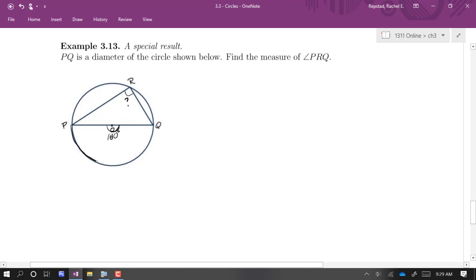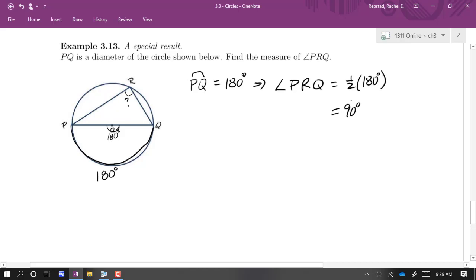So this arc PQ is 180 degrees, and PRQ is the inscribed angle. Since PQ as an arc is 180 degrees, angle PRQ has to be 1/2 of that. So it's 90 degrees.